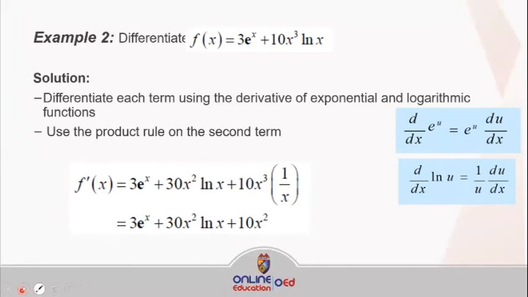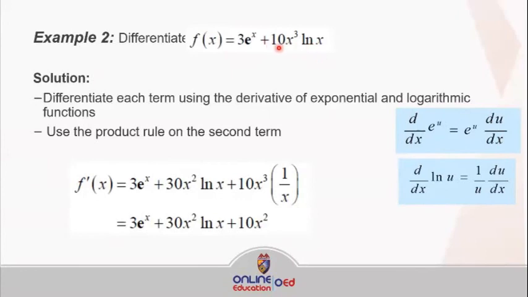For example number 2, we have the exponential and the ln. We have f of x equal to 3e raised to x plus 10x raised to 3 ln x. For this problem, the e raised to x is for the exponential formula.